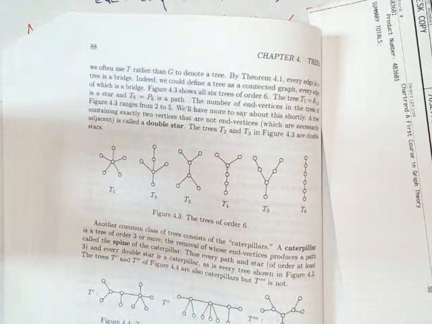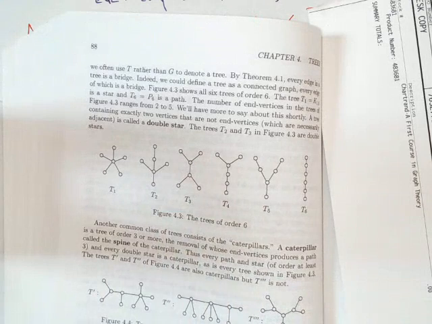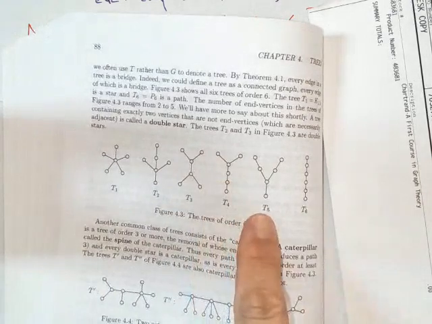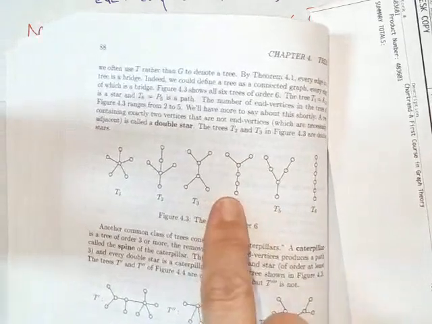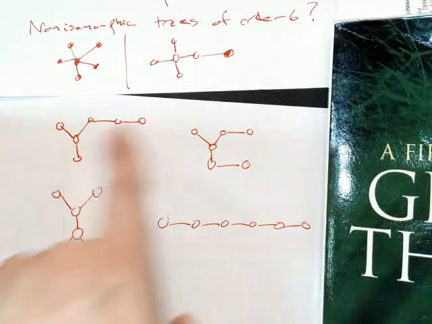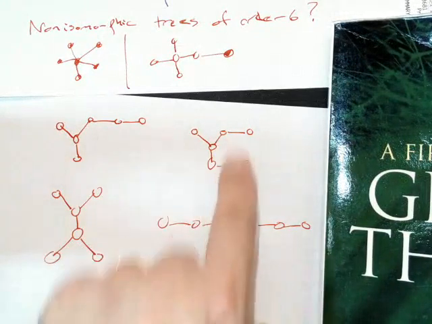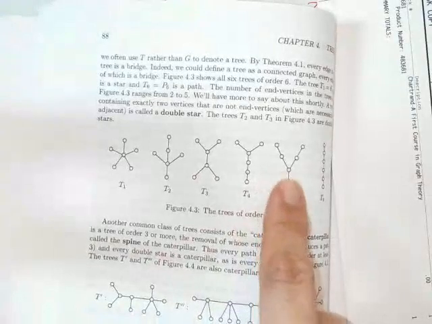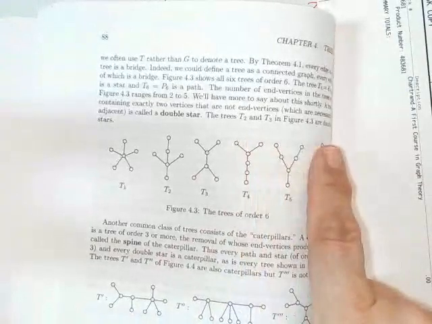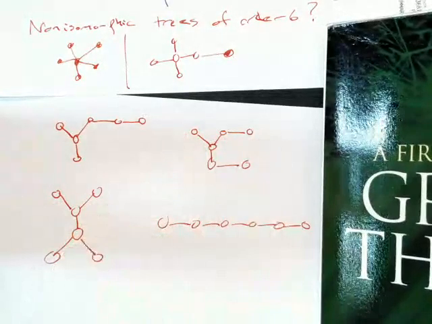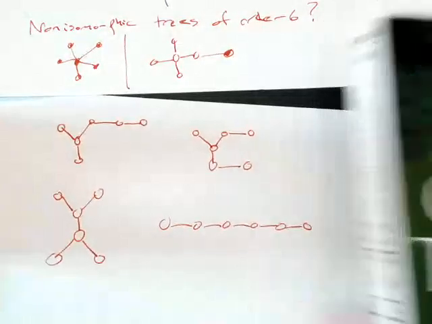This looks like 2 stars, a star of 3 and a star of 3 that are connected. A short Y and a long Y. This is this graph. A short Y with a long tail. This is this graph. A 1 and then 2 of 2. A 1 and 2 of 2. Those are my 6.